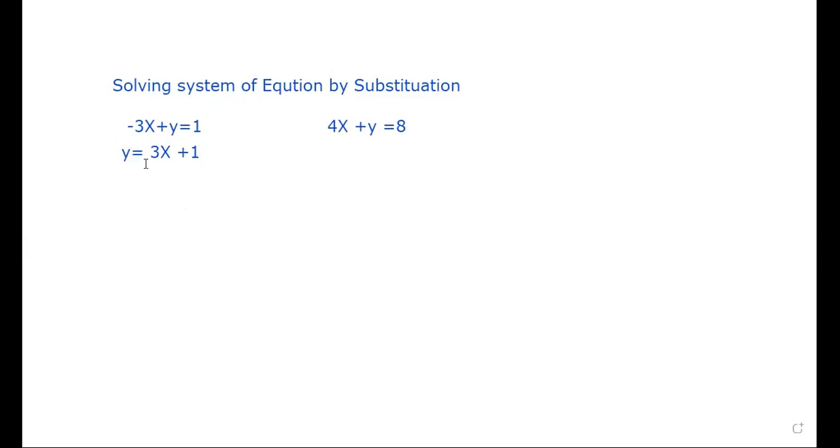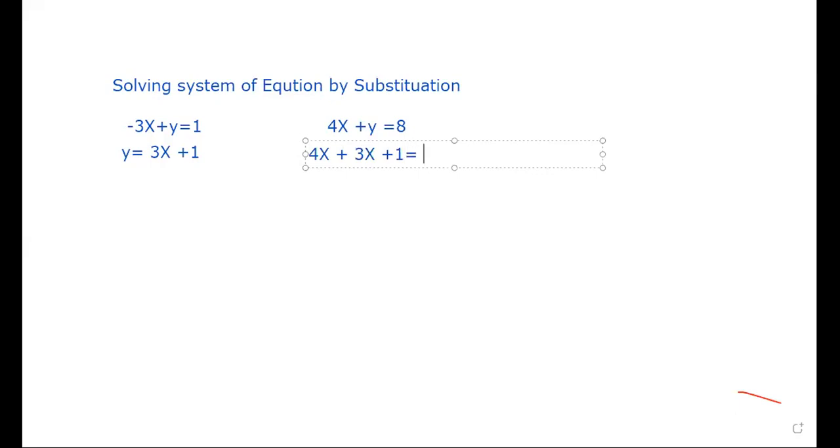Yes. So we will take this present and we will go to visit the second equation, right? And we will replace the value of y by 3x plus 1, which means it will be 4x plus, I will not write y now, what do I have to write now? 3x plus 1.